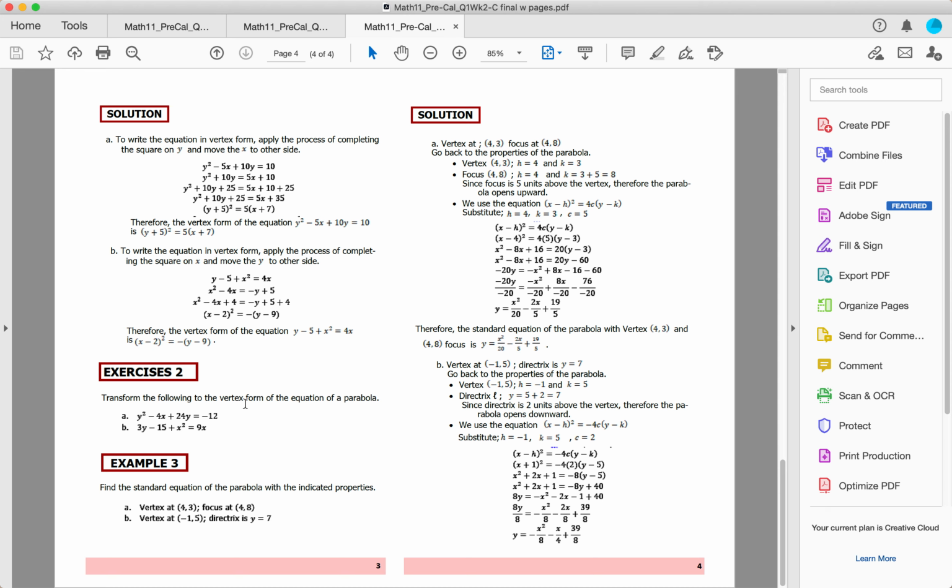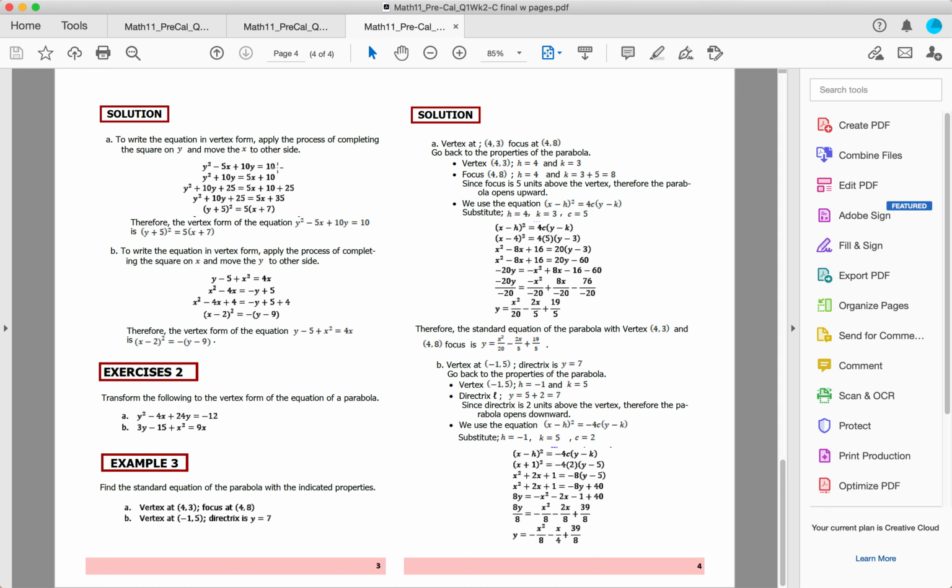So that would be doing this way. For example, this one. What we want is an equation that has a perfect square binomial, a binomial that is being squared. So all you need to do is to regroup the given terms.